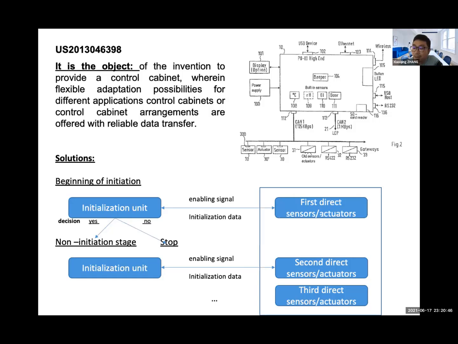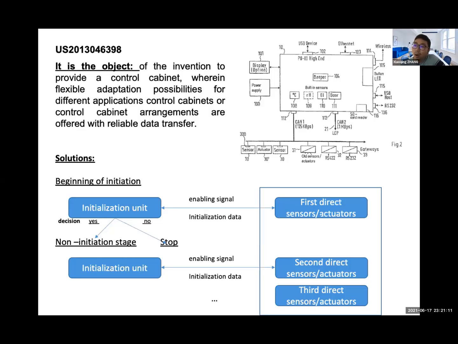It may be implied with a humidity sensor or a temperature sensor, and in the way around, it will transfer back the initialization data to allow the initialization unit to make a decision to continue to the next step or just to terminate.